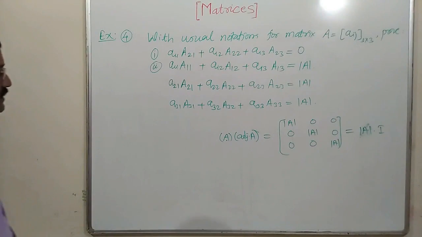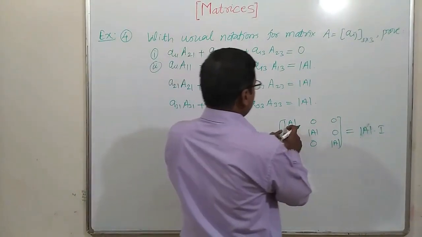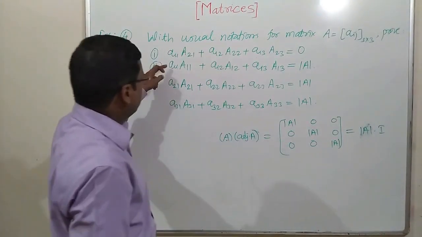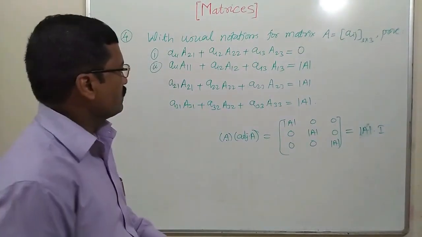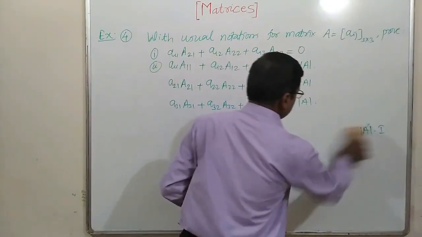So that is the result. In that case, A into adjoint of A means elements in matrix A and elements in the adjoint matrix. If you take the product, then you get such elements 0 and determinant of A. Let us prove these two results here.